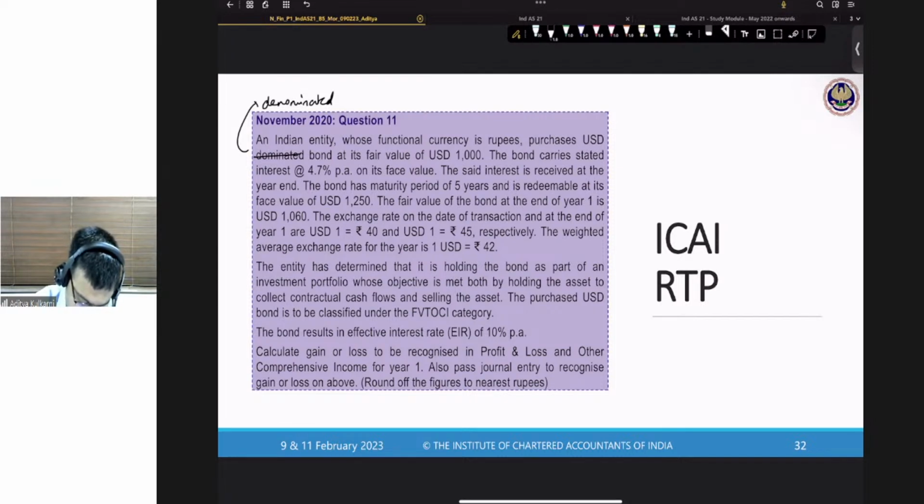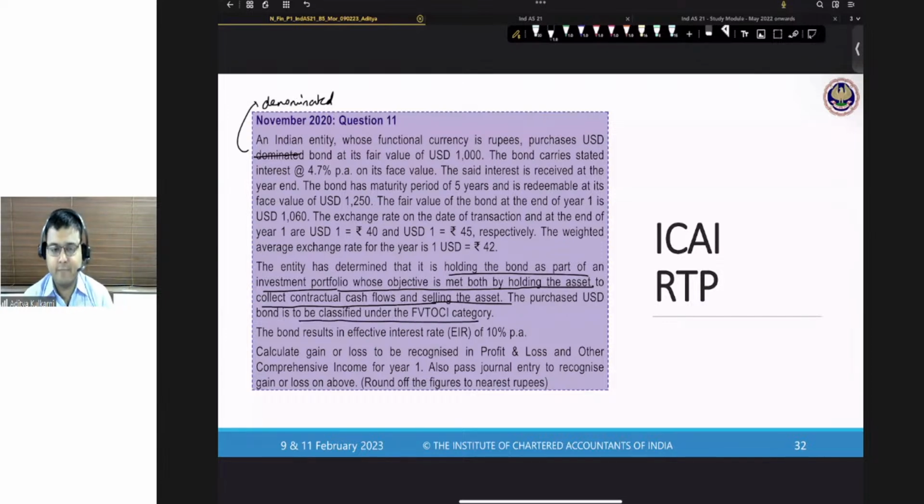The entity has determined that it is holding the bond as part of an investment portfolio whose objective is met both by holding the asset to collect contractual cash flows as well as selling the asset. The purchased USD bond is to be classified under the FVTOCI category.